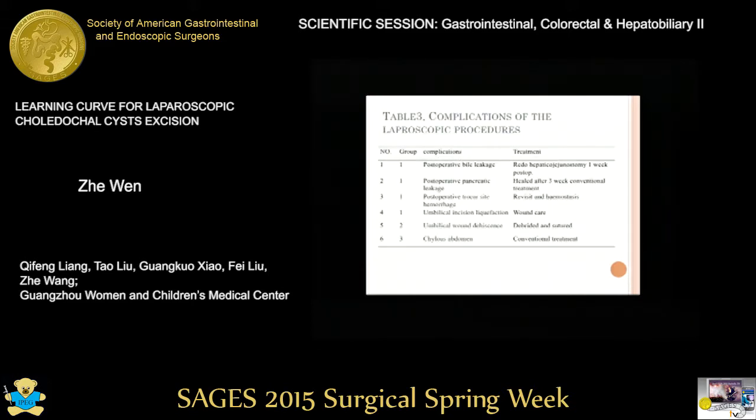And the complications were 6, including bile leakage, pancreatic leakage, port site hemorrhage, umbilical incision liquefaction, wound dehiscence, and killer's abdomen.